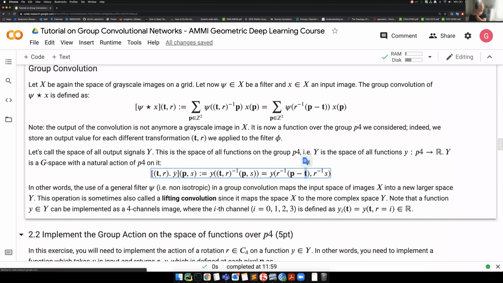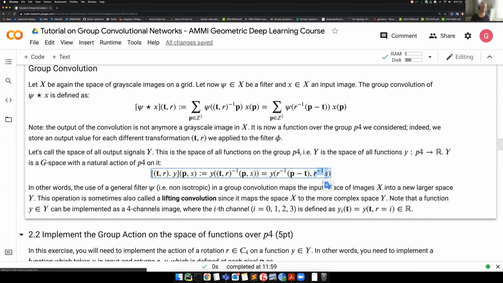But if you have a rotation instead, so imagine T is 0 now, a rotation is going to rotate your pixels, right? That's what happens here. So as a 33 by 33 by 4 tensor, you just rotate your image. But also, this R is changing the pixels in the 4 channels.